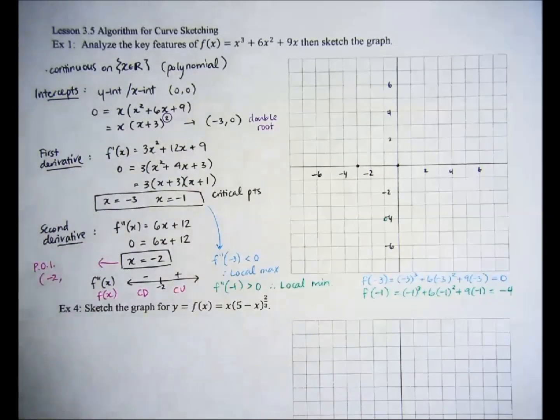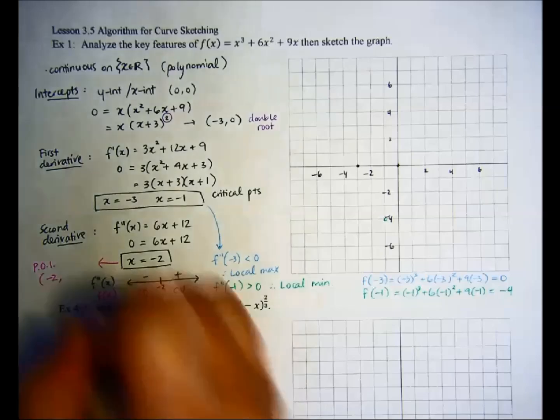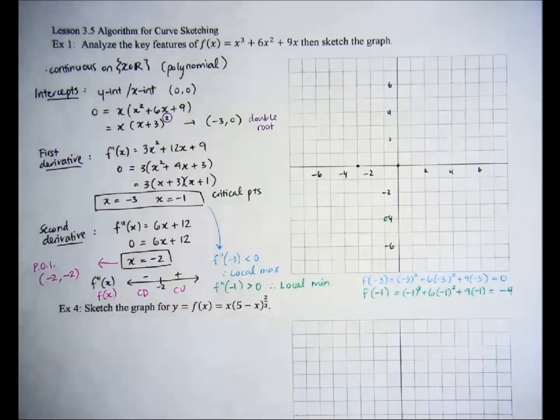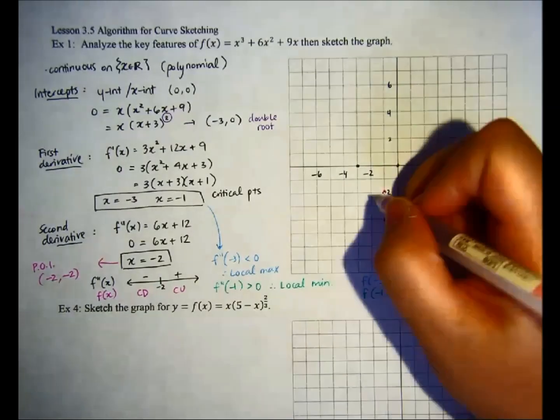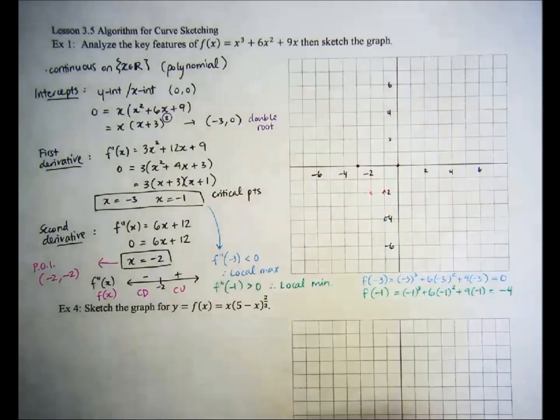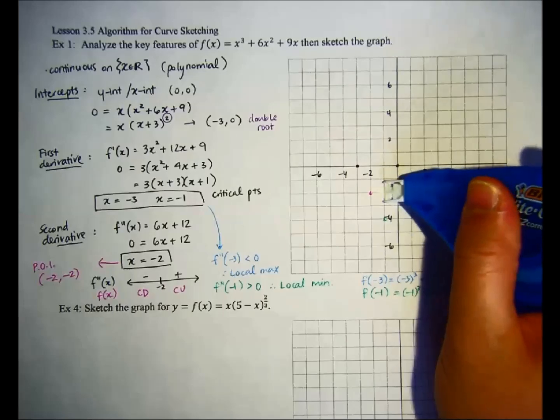So when you put in -2 for x, just calculate what the y value should be. And you should get -2 back is the answer. -2, oh, sorry, I just made a mistake there. -2 is our point of inflection.